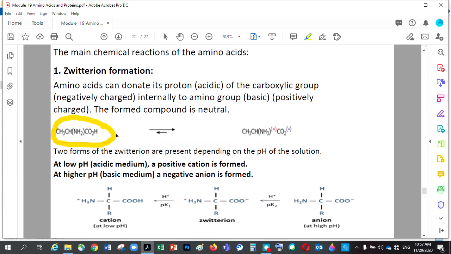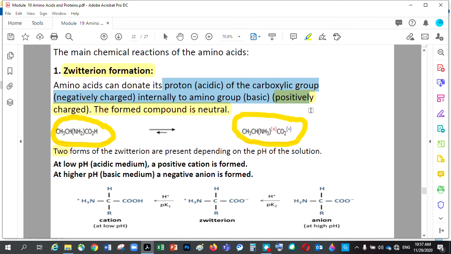So those sides can come together and build an ion like this, called what? Positive charge with negative charge. Negative charge, positive charge, as you can see here.